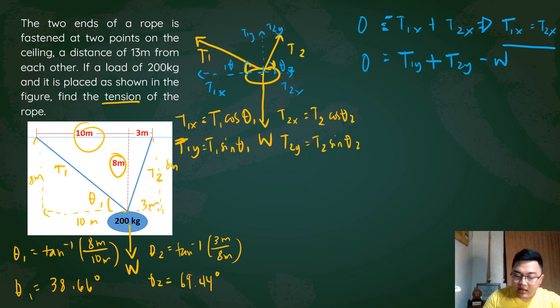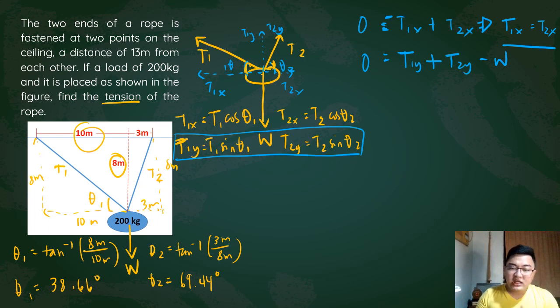Now we have here T1y and T2y, and we can see an equation that we can use to change the expression into the value that we are trying to find, which is the tension itself. In transforming this equation, we just need to substitute the variables.